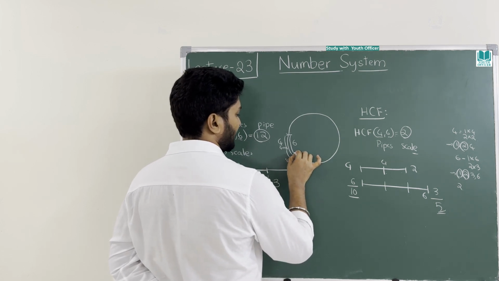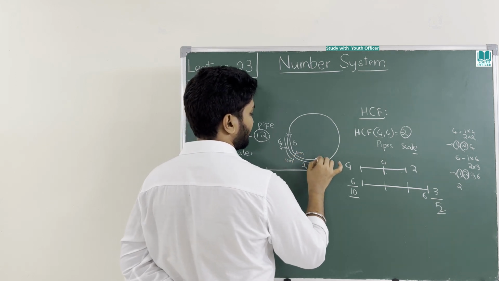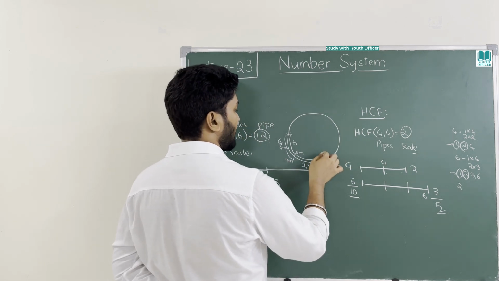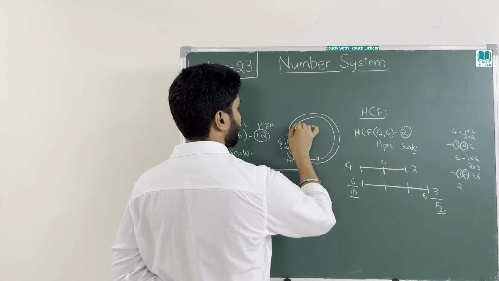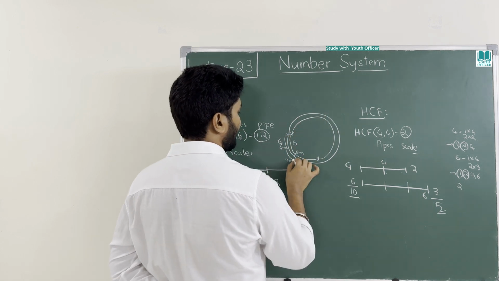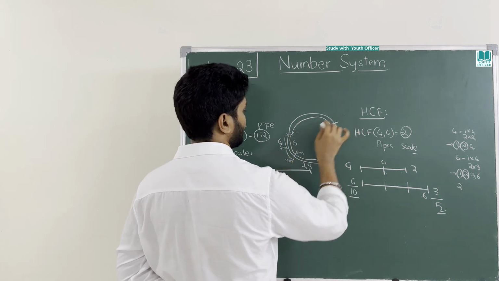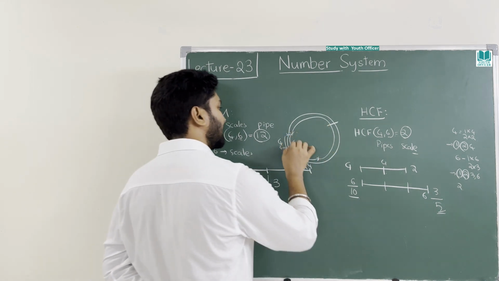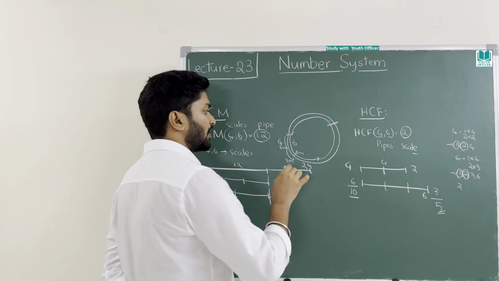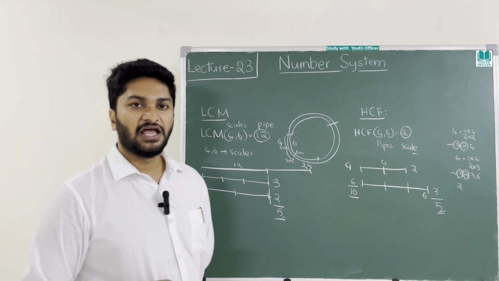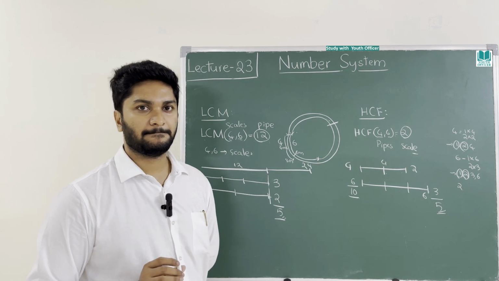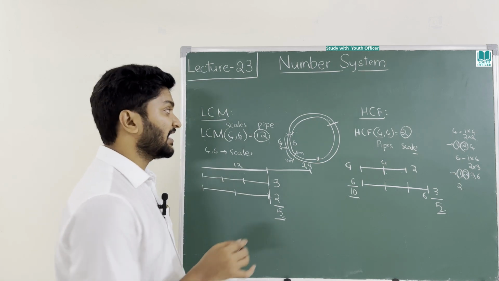Next minute again this person will reach 12. There will be a huge gap between both of them, and by the time this person reaches the starting point, the 8-meter one will be somewhere here, this 4-meter one. Again he will start running. So the question will be when they meet for the first time. First time at the starting point.